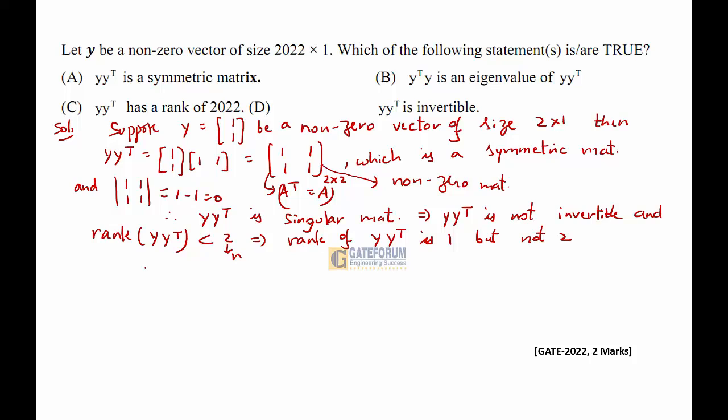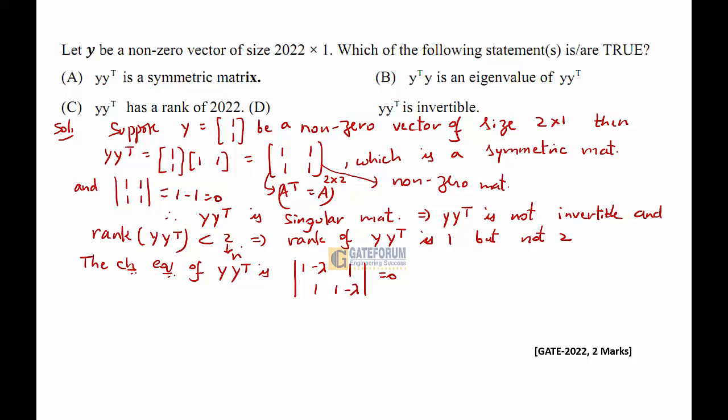Now let us find the eigenvalues of Y into Y transpose. Already a singular matrix means one of the eigenvalues is 0, and using properties of eigenvalues, you will get another eigenvalue 2. Or you can find the characteristic equation of the matrix Y into Y transpose: determinant of 1 minus lambda, 1, 1, 1 minus lambda.